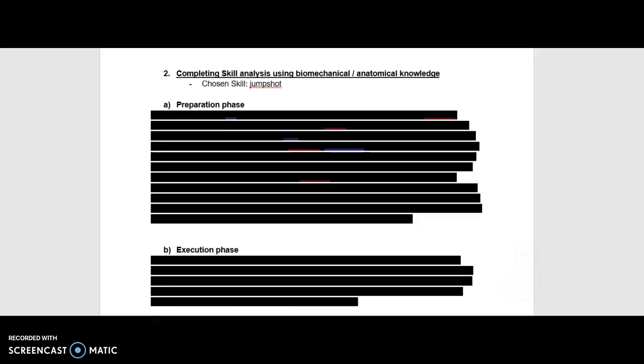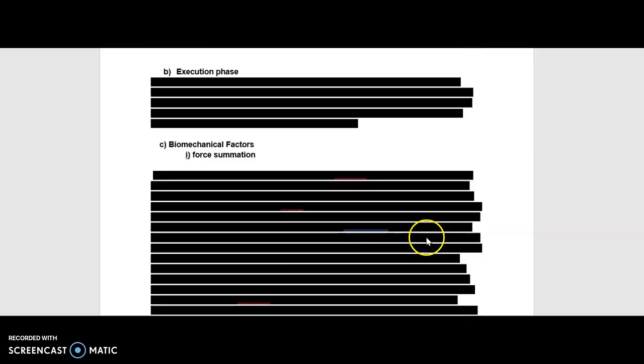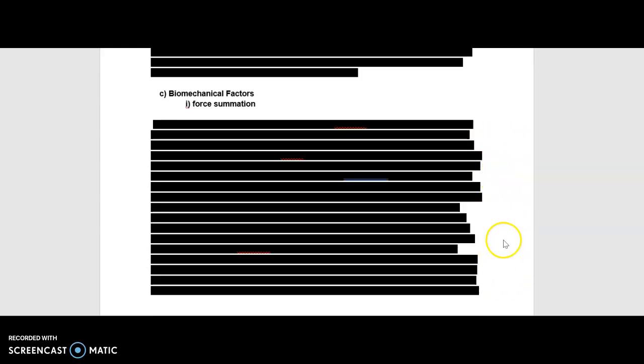And then they've gone into their biomechanical factors here. And again, this is describing linking, choosing 2 of them, linking it to performing your skill, and also why they are important for executing the skill. So they've chosen for their jump shot, one of the ones is for summation. Again, blanked out here, describing how much they've sort of written for that in the structure.